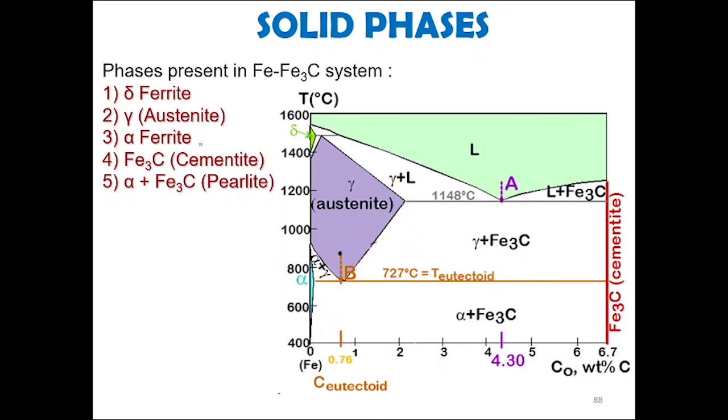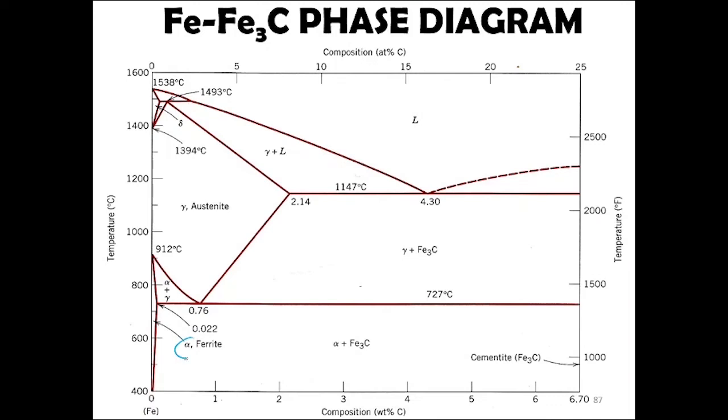The third solid phase that we have is alpha ferrite. Alpha ferrite is at this small region over here. It is also known as alpha iron, which is an interstitial solid solution of a small amount of carbon dissolved in iron with a body-centered cubic crystal structure, or BCC crystal structure.